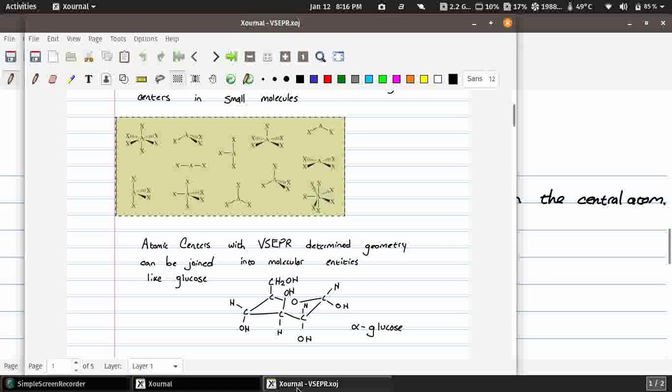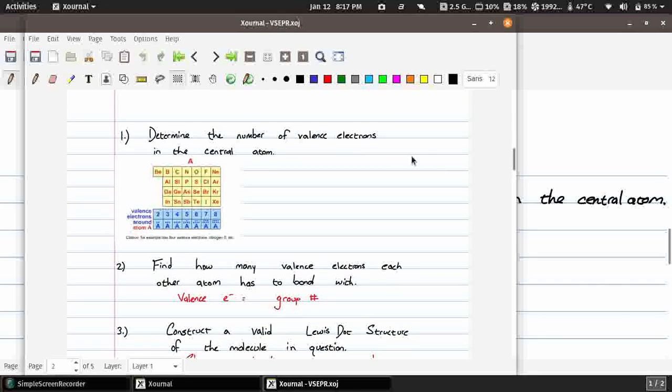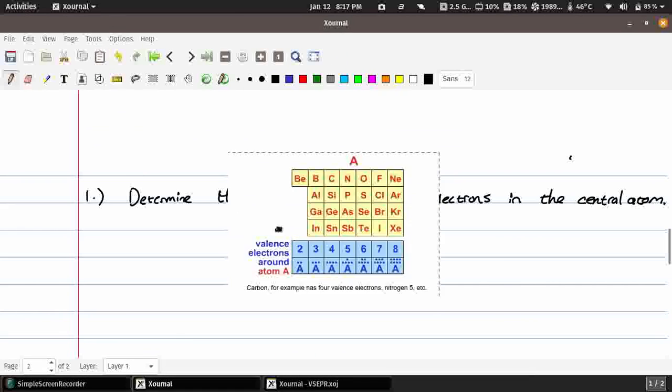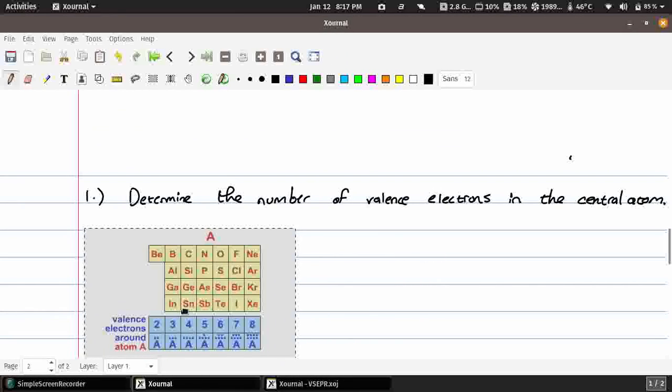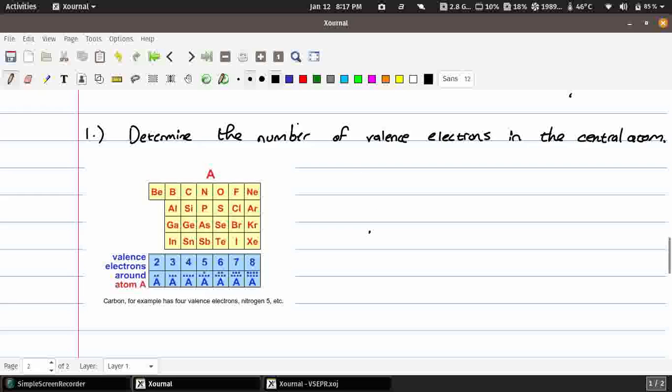Alright, so this is done simply by looking at the group number. I taught you this when we went over the periodic table, but I'll go over it again real quick. Group 2, 2 valence electrons, and this is a horrible representation. That's not what they're actually going to look like. It's just so you can see it.